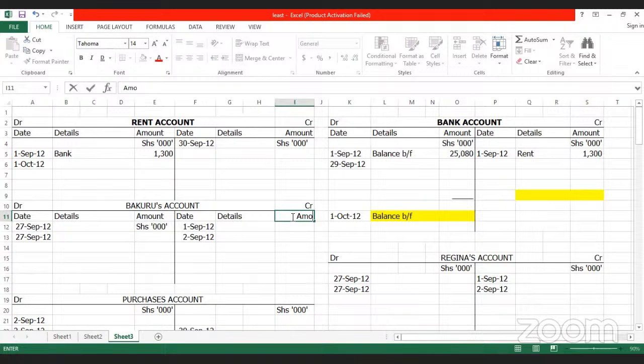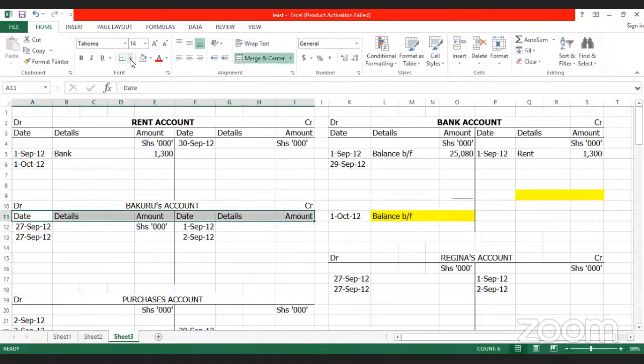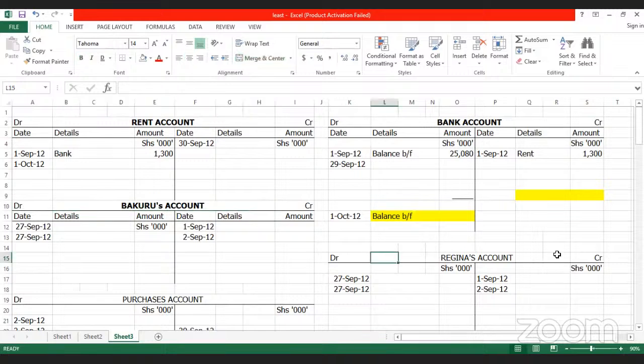We are on Bakuru's account. Then Regina's account is also here. Also prepare Regina's account.